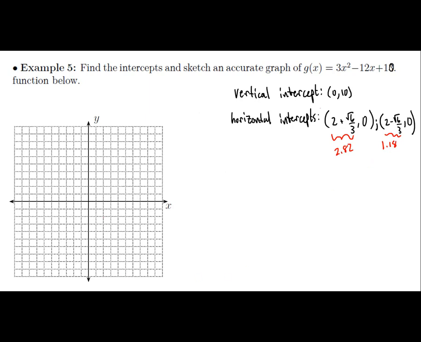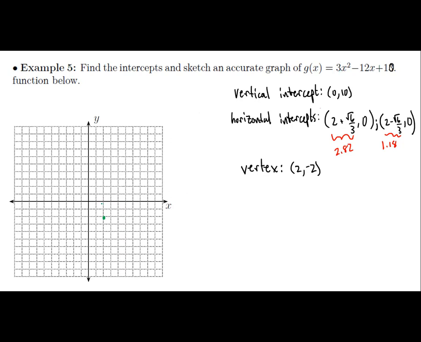And then your vertex should be, I'm sorry, I'm having trouble grabbing the right color here. Your vertex should be (2, -2). All right, so putting that information together, you'll get a nice look at your graph here. So (2, -2). It's a positive 3 is the a, so it's going to open upward.